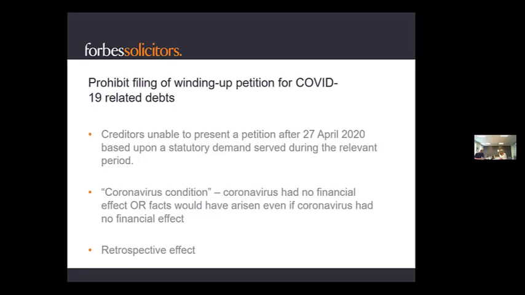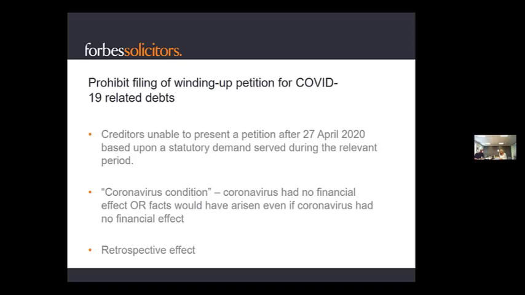Ordinarily, a creditor will be able to present the petition or rely upon an unfulfilled statutory demand, but at present, where it has to be the assumption that all debts are related to coronavirus and the current pandemic, creditors are no longer able to simply rely on a debtor being unable to pay their debts.